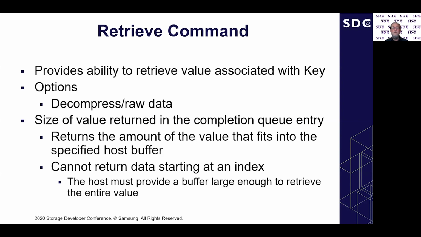If I do a retrieve command, and my buffer that I'm given for that retrieve command is 7K bytes or greater, then I retrieve all of the value into that host buffer, and I return the length of 7K bytes in the completion queue entry.